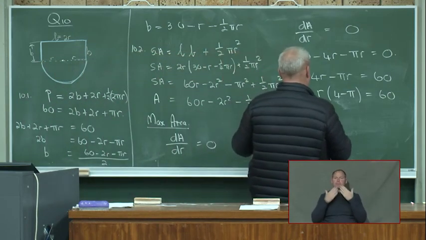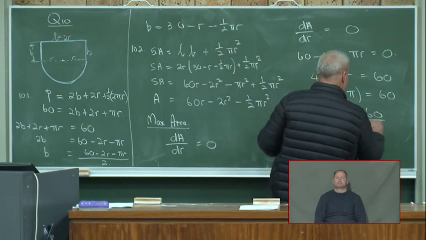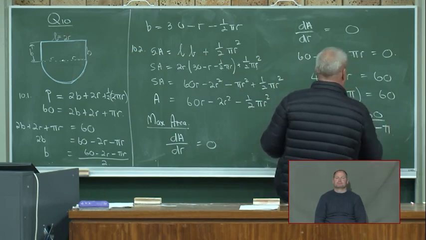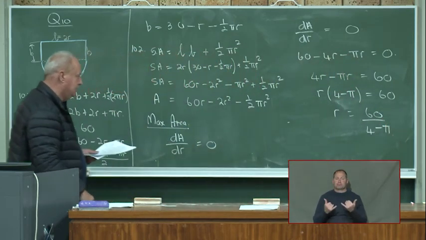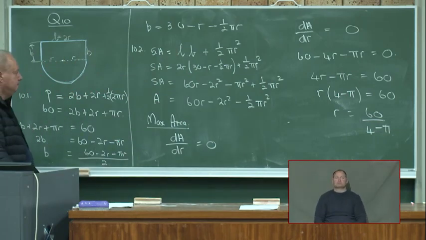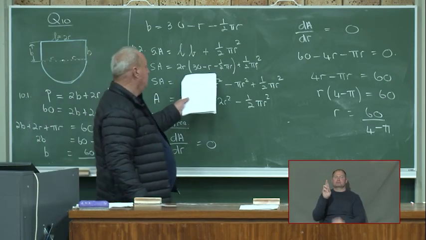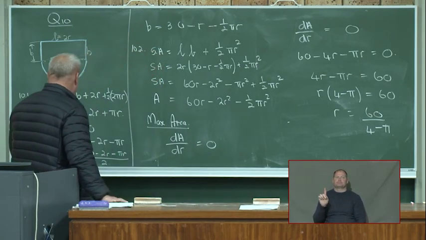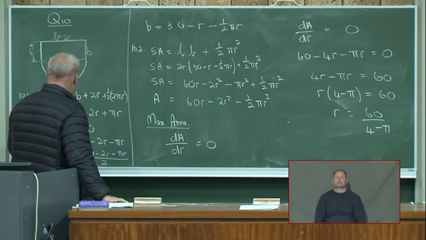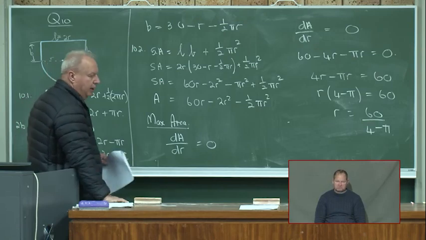So let's say r is equal to 60 over 4 plus pi. Right, let's just make sure of the sign of that. So here we get 30 minus r minus a half pi r. No, it's correct. Okay. Right, people.